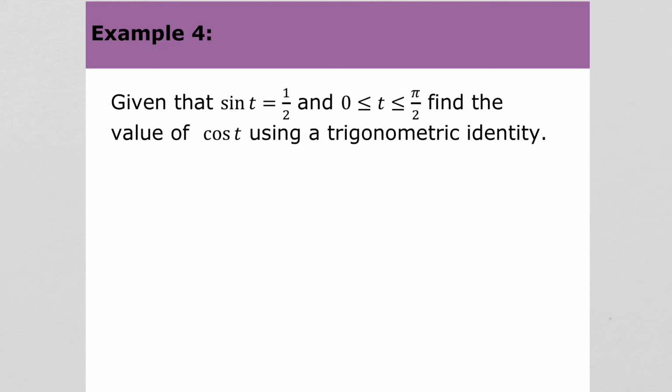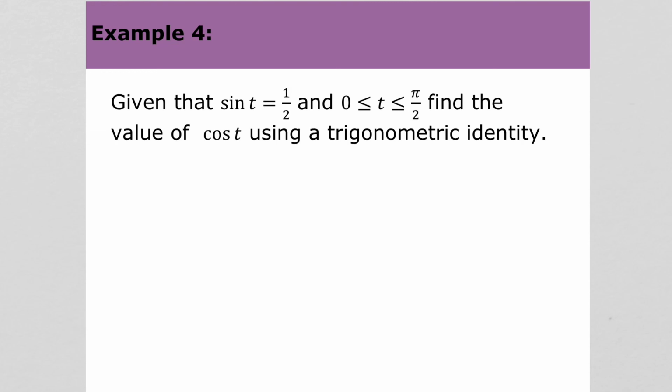Since t is in the first quadrant, that means that our answer is going to be positive. If it was in the second quadrant, then our answer could be negative, just depending, or in the third or the fourth. So you have to think about what it says here for knowing whether your answer is going to be positive or negative. So again, since it's in the first quadrant where x is positive and y is positive, we're all good there.